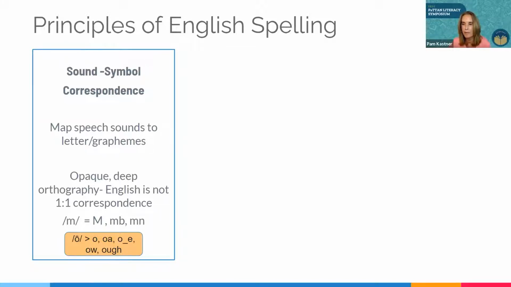But you can see on our screen here that we can spell in many different ways. We have a deep orthography. And of course, when we think about our vowels, there are many ways to spell our vowels. So not only do we need to be aware of the speech sounds of phonemes, we also need to know how those phonemes are represented in graphemes in the English language. So that's sound symbol correspondence.